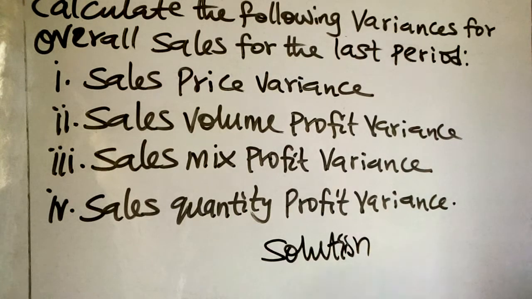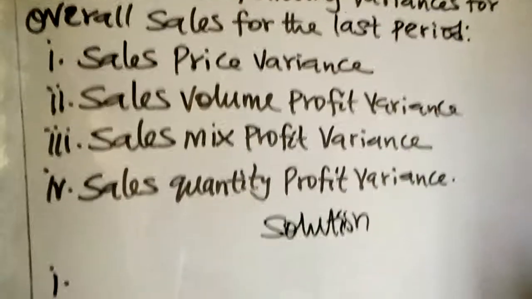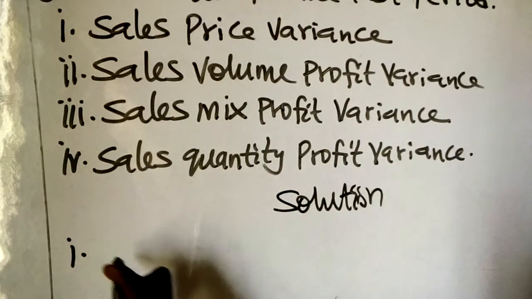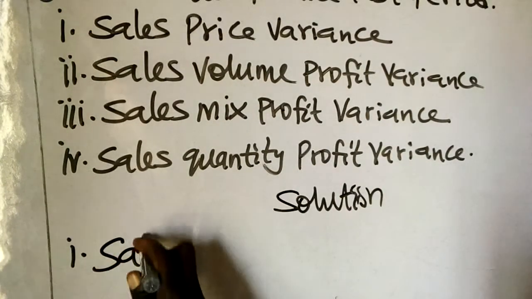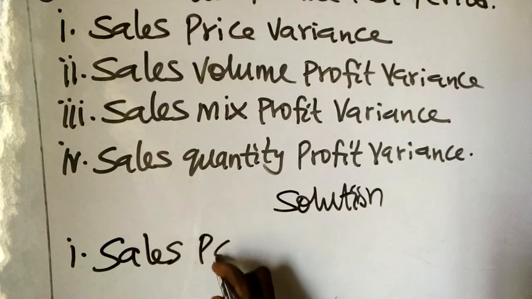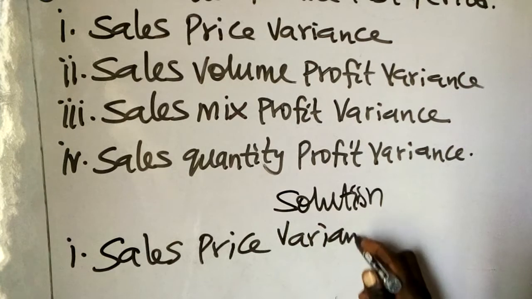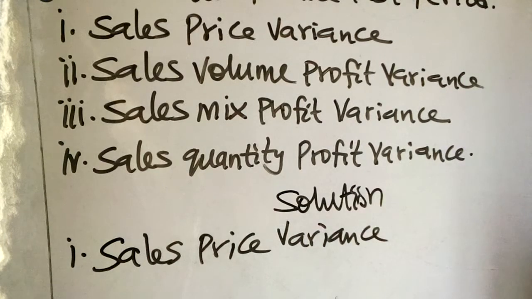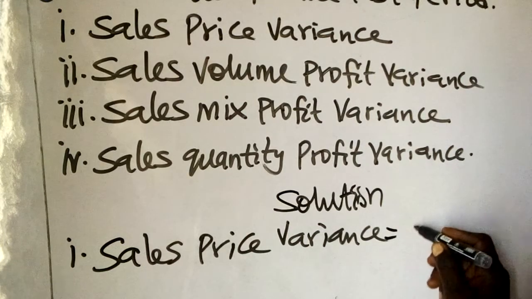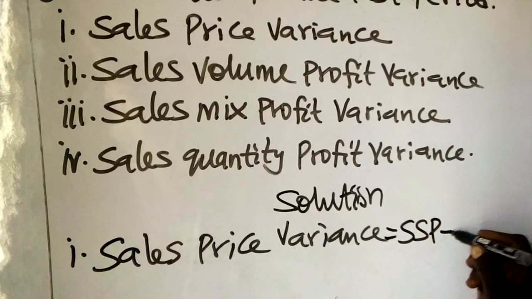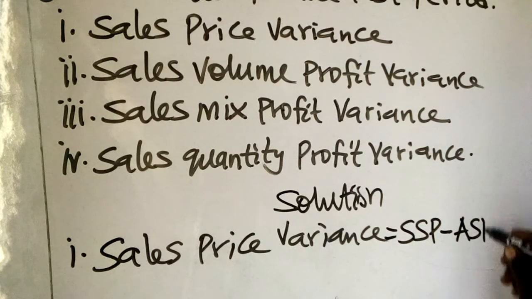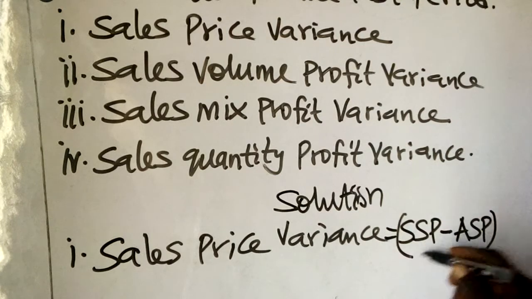So, number 1, you want to compute the sales price variance. We say it is the difference between the standard selling price and actual selling price multiplied by actual quantity sold.